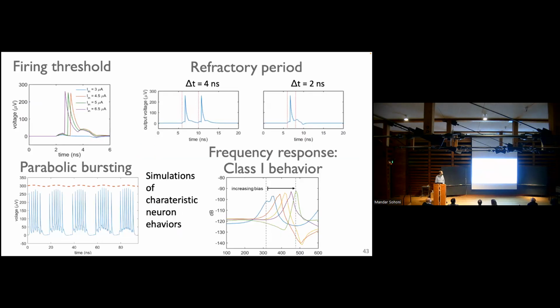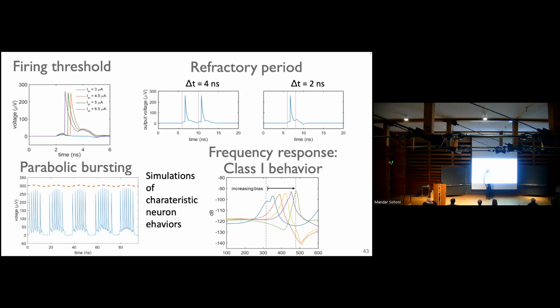We've simulated this extensively as well. We see a bunch of neuronal-like behaviors out of this. For instance, you can have thresholding that depends on bias current. If you bias with only 3 microamps, there's no spike. Once you get above 3.5 microamps, you start to see spiking. You can see a refractory period. If the second pulse comes too close to the first, it gets suppressed.